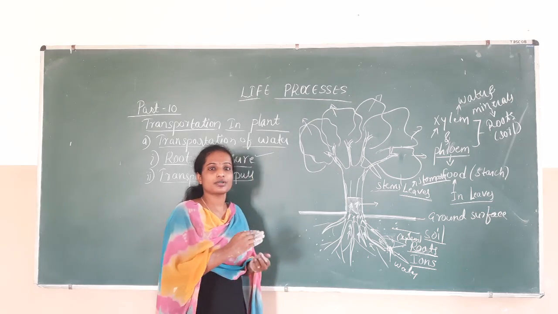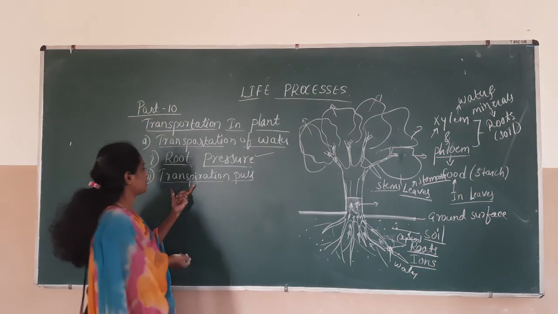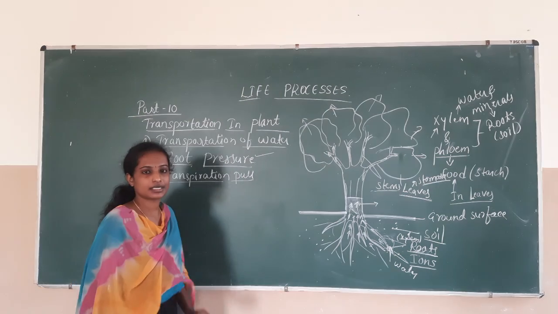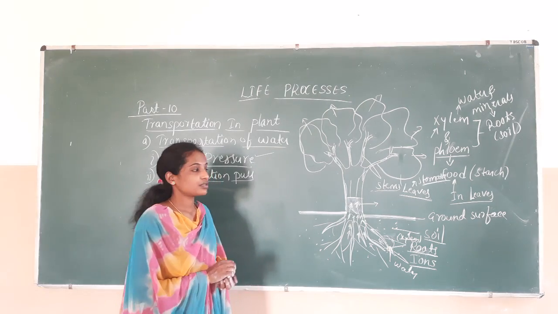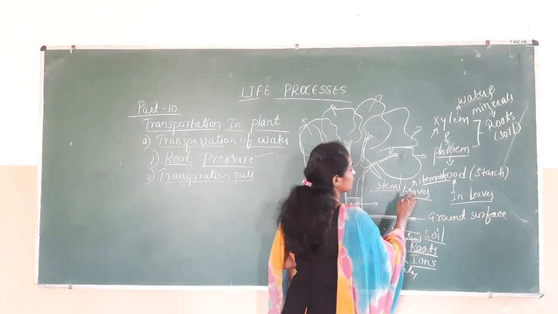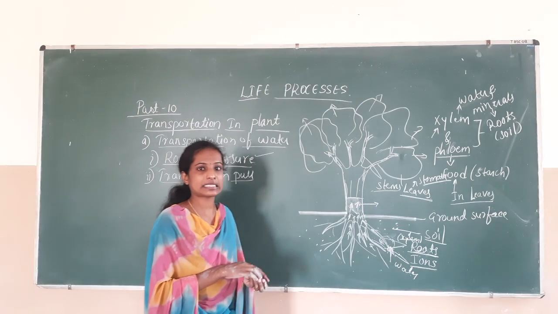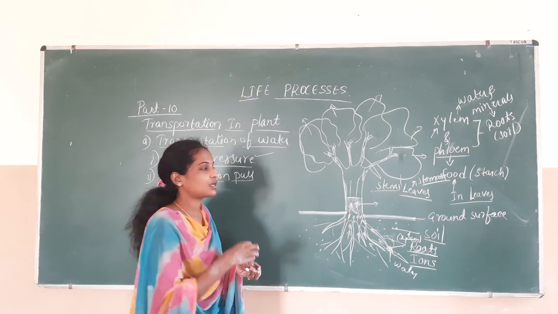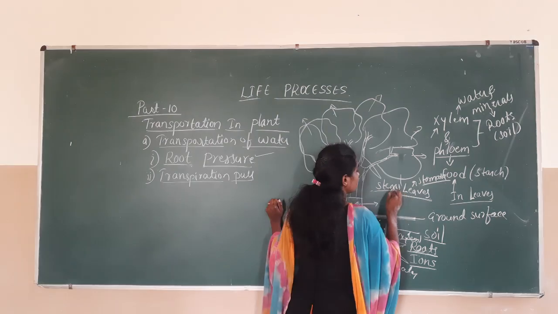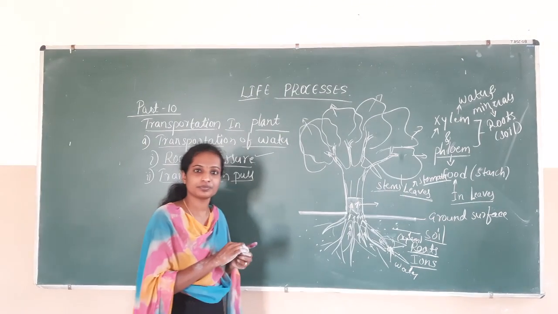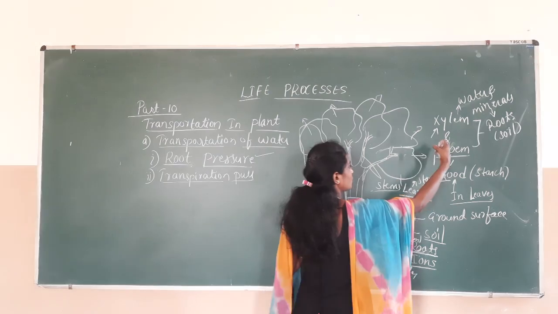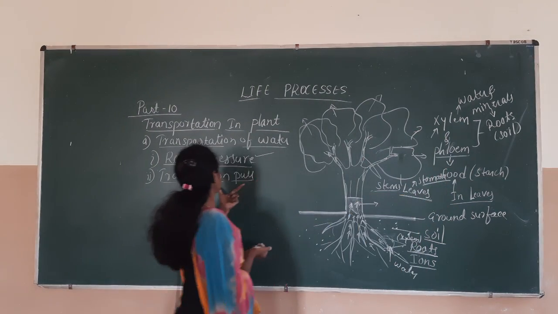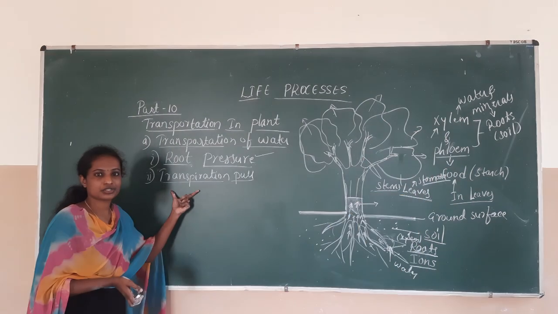From the stomatal aperture, it is eliminated in the form of water vapor, that is transpiration. Whenever the loss of water from the aerial parts of the leaves takes place, it pulls the water from the xylem of the leaves as well as stem. Since it pulls during transpiration, this is the name transpiration pull.